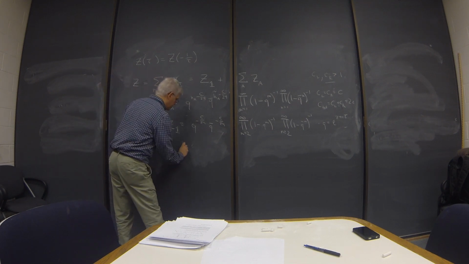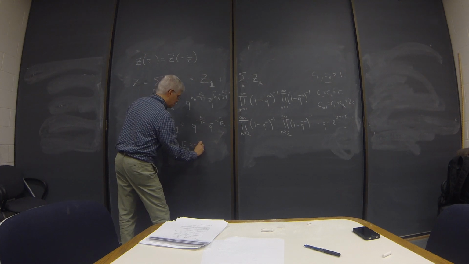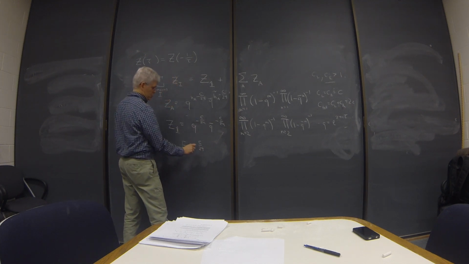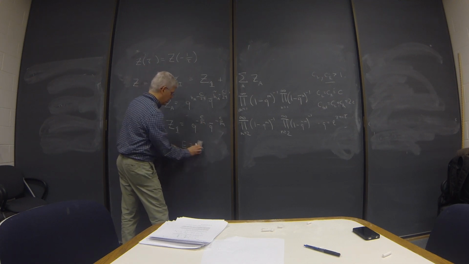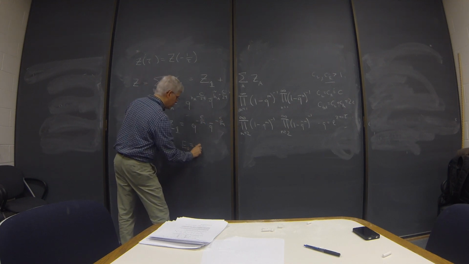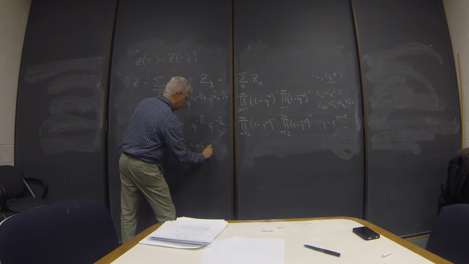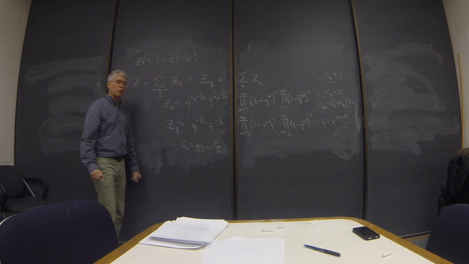It's just this minus C over 24, I guess, times 2, because the energy is going to be the left moving plus the right moving guy, so minus C over 12, or minus C total over 24, so Casimir energy.